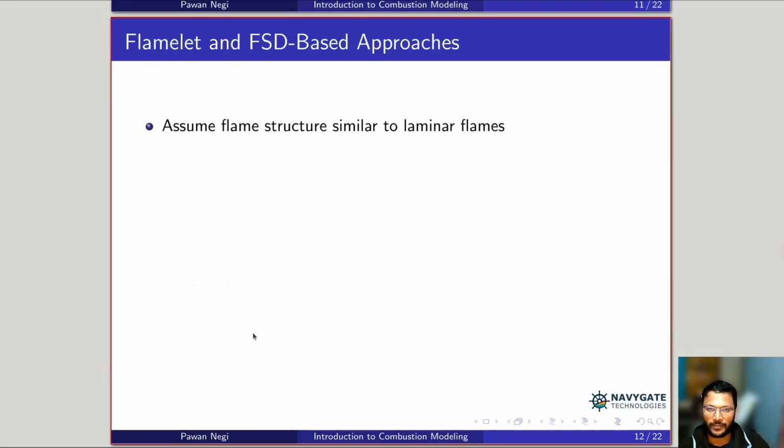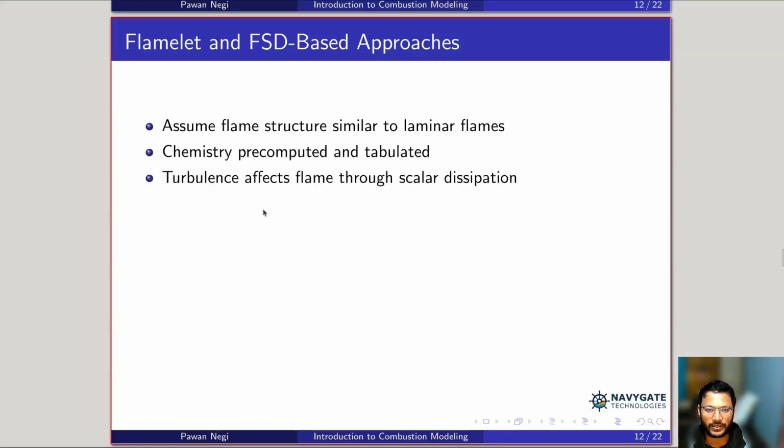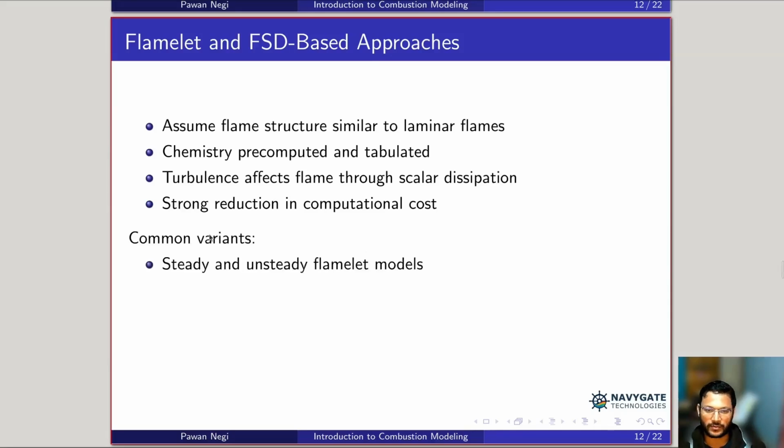The next type we have is the flamelet and FSD based approaches. It assumes a flame structure similar to laminar flames, and chemistry is pre-computed and tabulated. Here the turbulence affects the flame through scalar dissipation. There is a strong reduction in computational cost. This one is also used for pre-mixed fuel, and a common variant is steady and unsteady flamelet models.